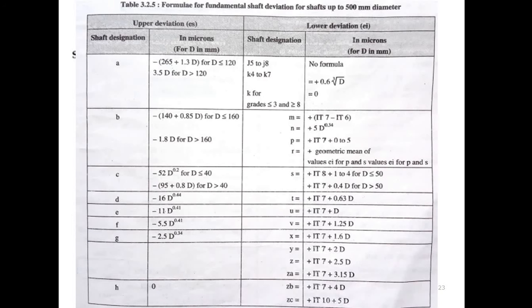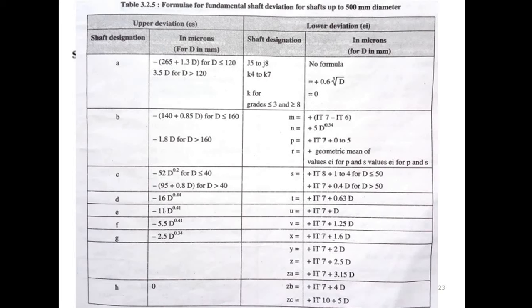You can see the formulae here. This table shows the formulae for the fundamental shaft deviation for shafts up to 500 mm diameter. We have just seen there are 28 types of shafts. In this column, these are the shaft designations: A, B, C, D up to ZC. For A to G type of shaft, the fundamental deviation is negative.